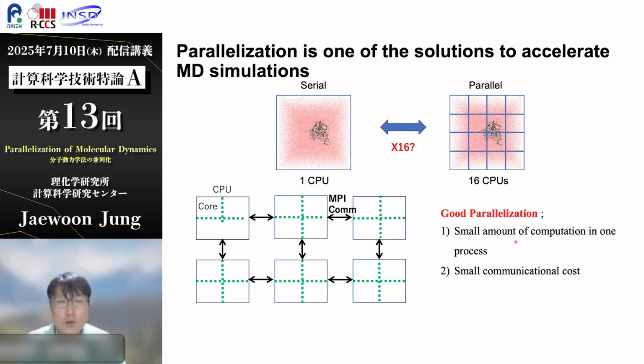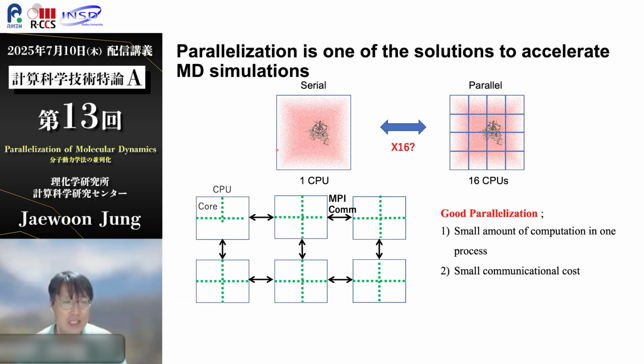So basically, the parallelization concept of MD is very simple. So it's true for every parallelization. By just increasing the number of processors, we want to accelerate the overall speed.